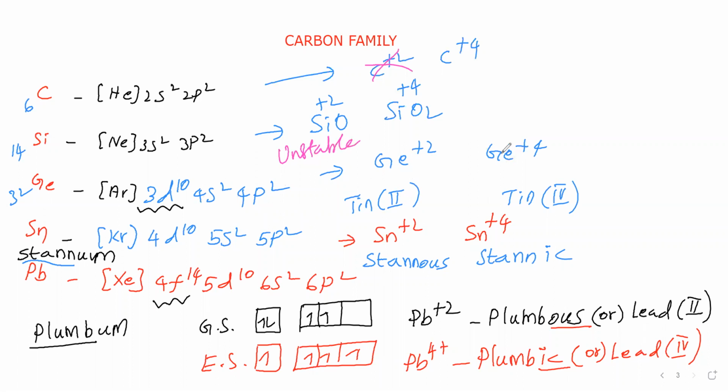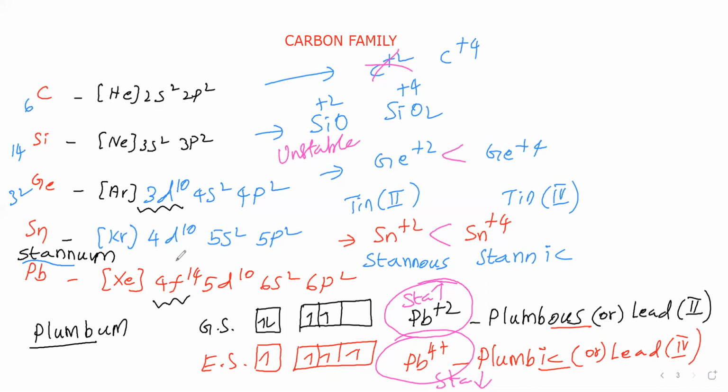Germanium shows +2 as well as +4, of which +4 has higher stability. Tin is showing +2 and +4, of which +4 has higher stability. In lead, +2 stability is more, +4 stability is less. Why? Because 4f14 shows a very poor screening effect.